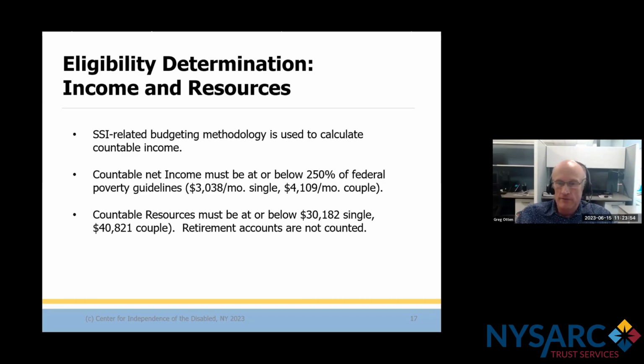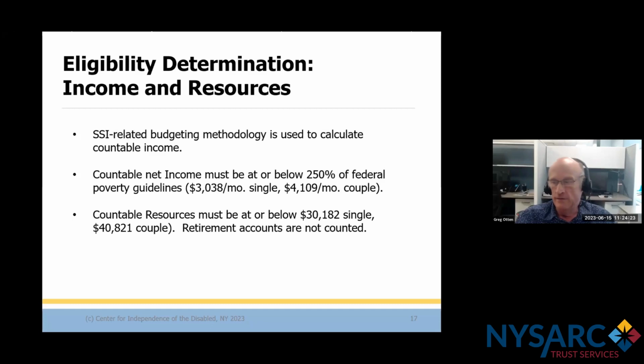250% of poverty guidelines net countable income after all the SSI related disregards are applied. That specific number this year is $3,038 a month single, $4,109 a month couple. But if most of the income is earned, that could be almost double this amount.